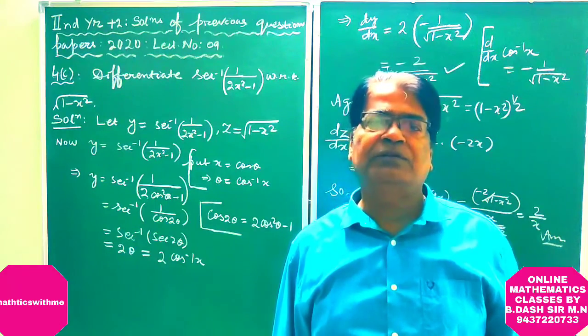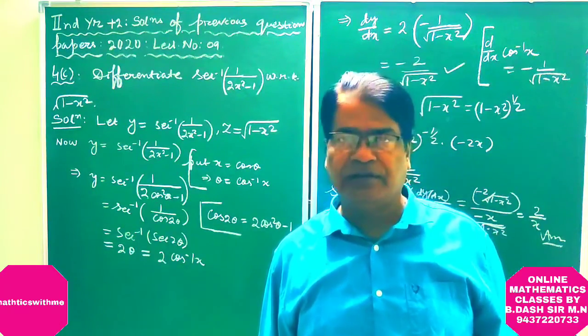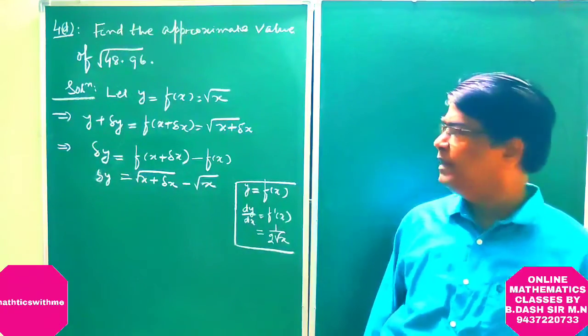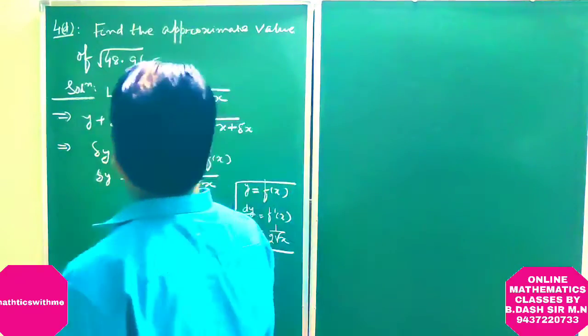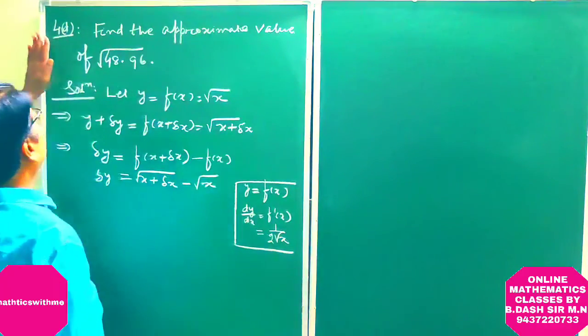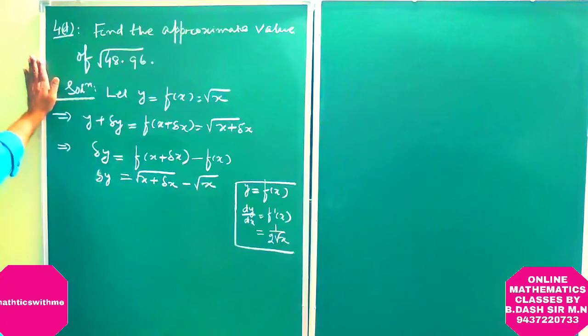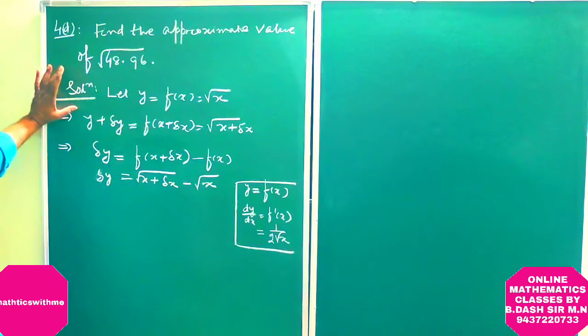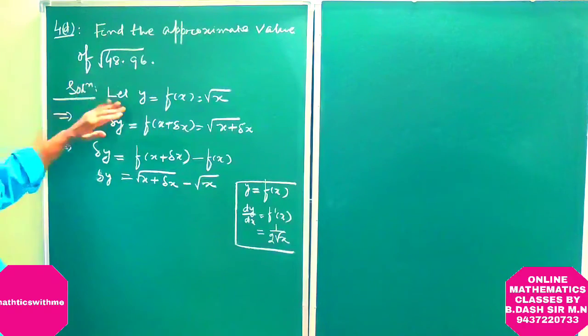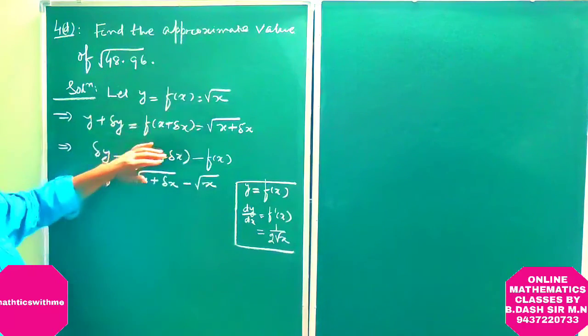Let us proceed to solve the next question. Our next problem is: find the approximate value of √48.96. Now solution. Let y is equal to f(x) is equal to √x.